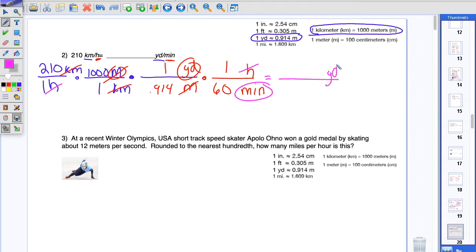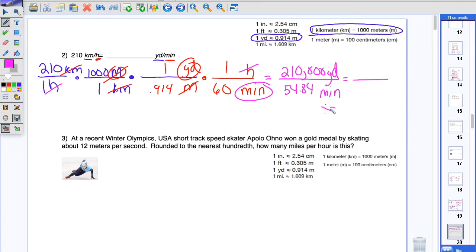So now we're left with yards in the numerator, minutes in the denominator. Multiply going across. So 210 times 1,000 times 1 to give us 210,000 over 0.914 times 60 to give us 54.84.